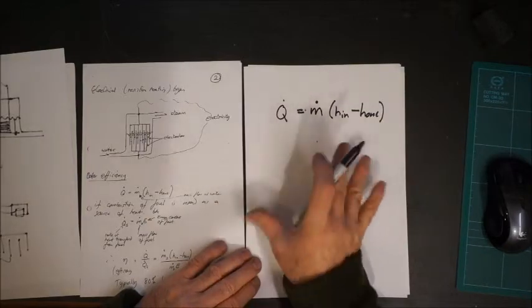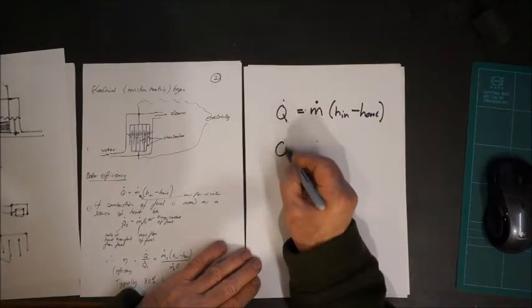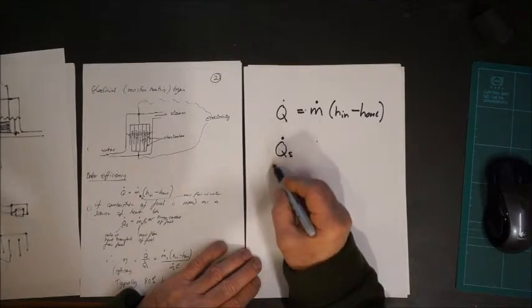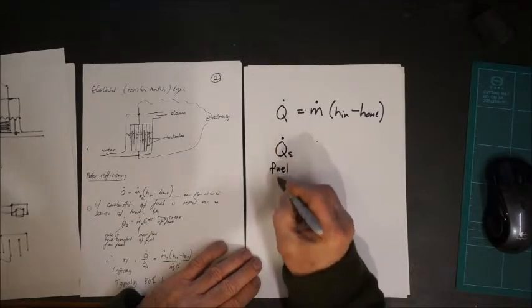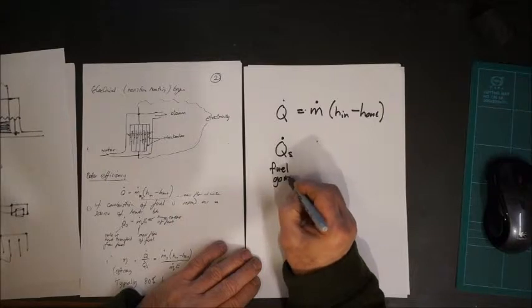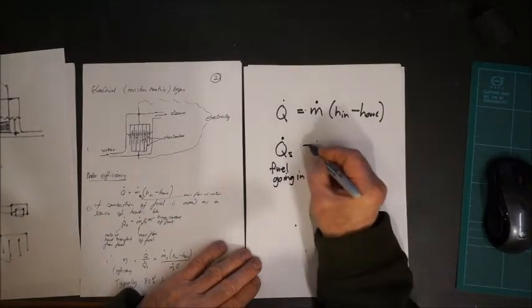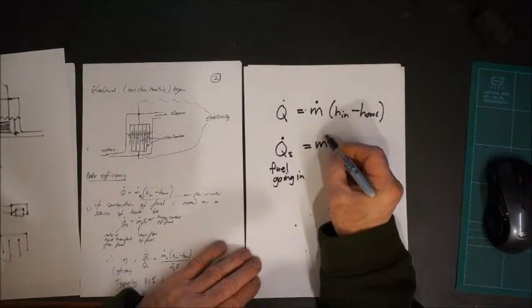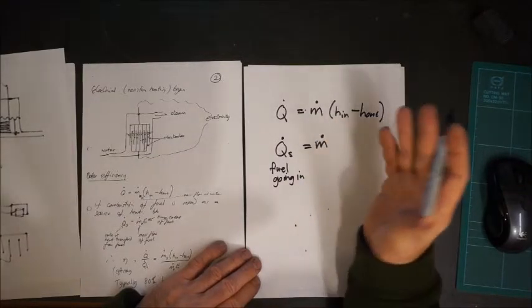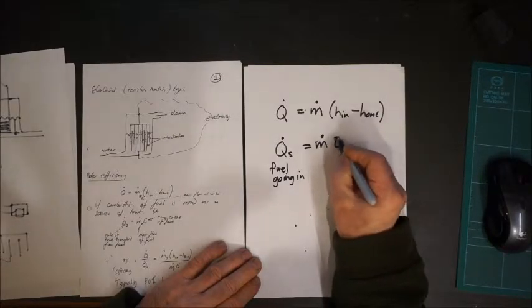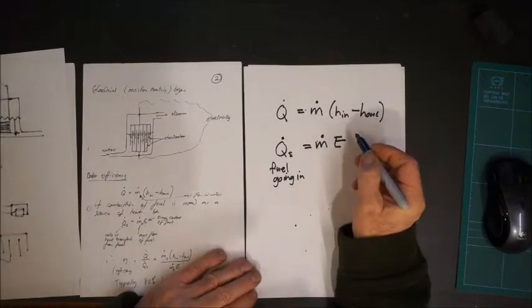If we look at the fuel which is going in, this could be electricity, it could be oil, it could be gas, it could be wood, it could be anything. It's going to be equal to the mass, or in the case of oil or gas or wood, times the energy constant.